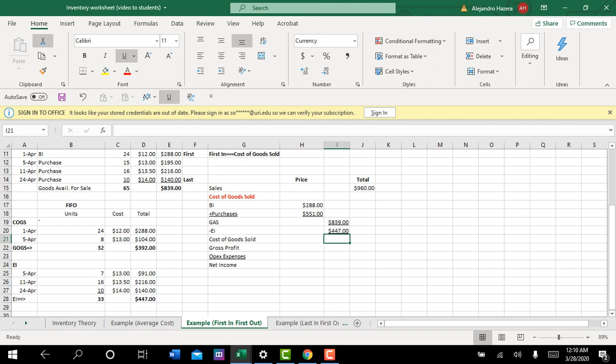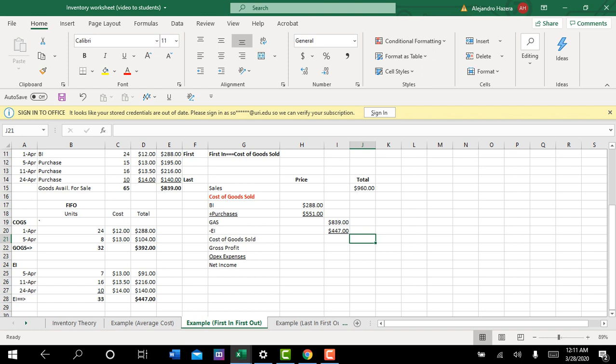We're going to put a subtotal here, and that subtotal is going to be your cost of goods sold. Your goods available for sale are $839, which is that number right there. What you didn't sell was $447, which is equal to that number right there. What you did sell is equal to your goods available for sale, what you could have sold, minus what you didn't sell.